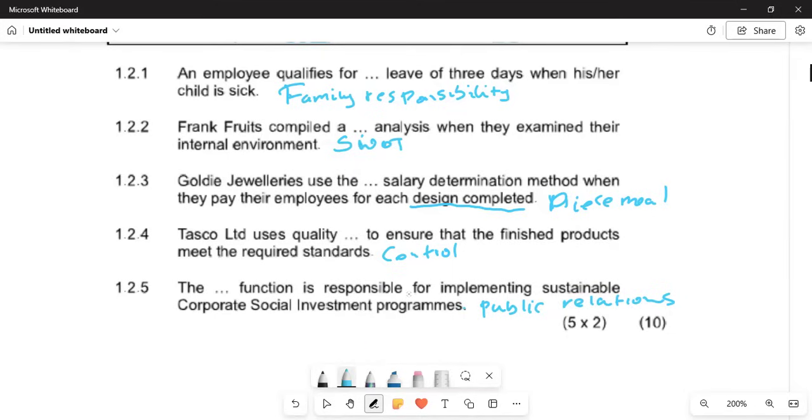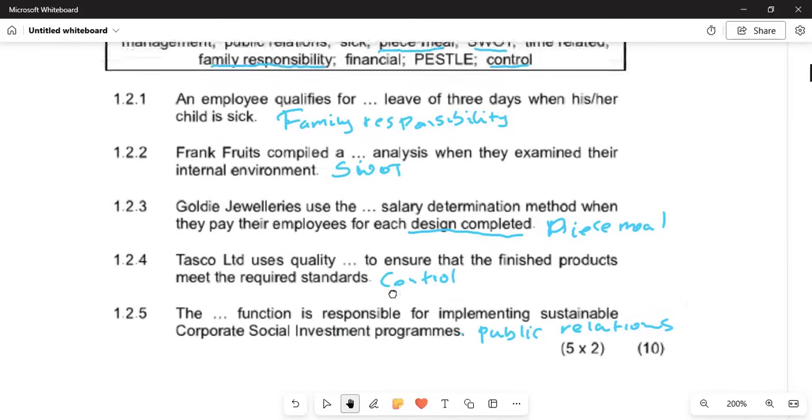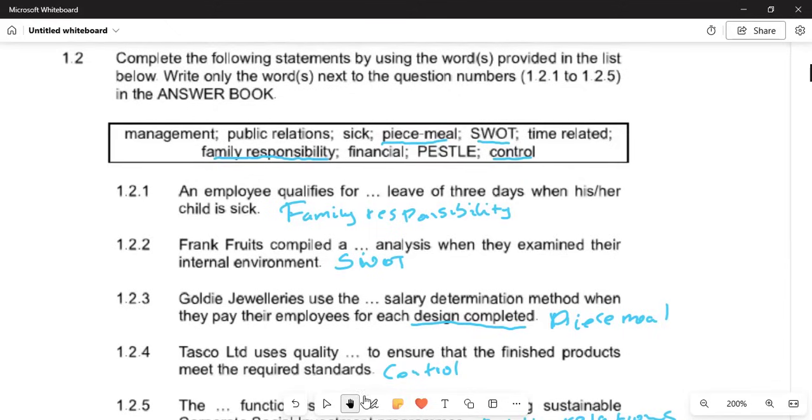By so doing, they are implementing sustainable corporate and social investment. So they are trying by all means to build a good company image and doing social responsibility activities. So that is that. The correct answer is public relations.